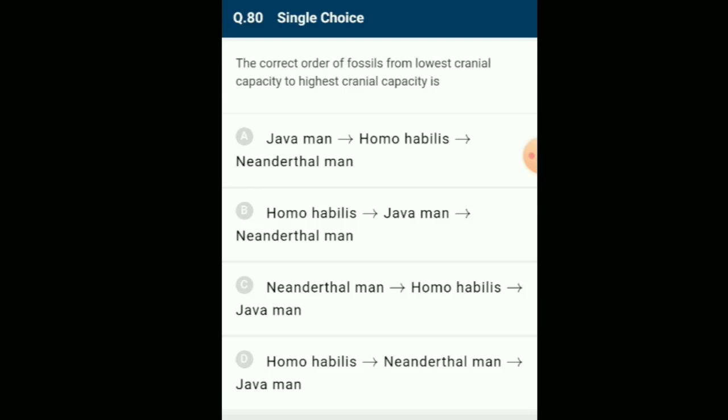The Neanderthal man had a cranial capacity of 1400 cc and lived in the Near East and Central Asia. So the answer for this question is option B, Homo habilis, Java man and Neanderthal man. That is the correct order of fossils from lowest cranial capacity to highest cranial capacity.